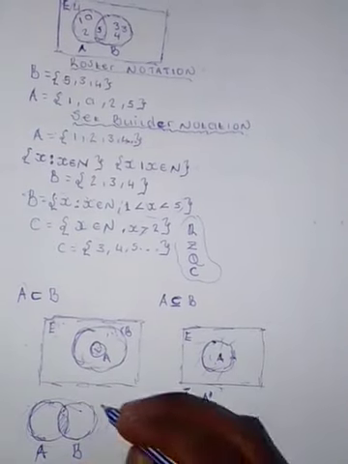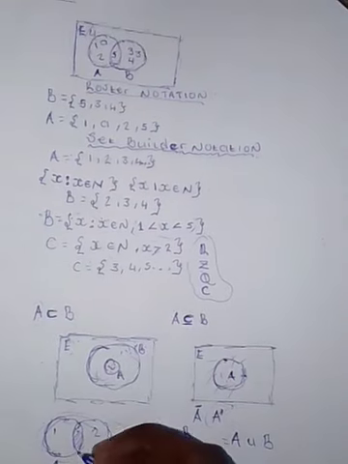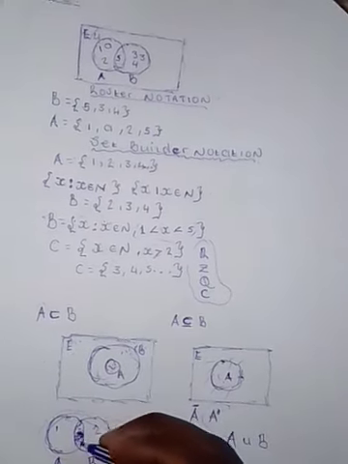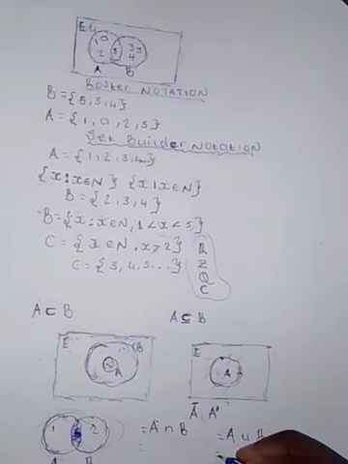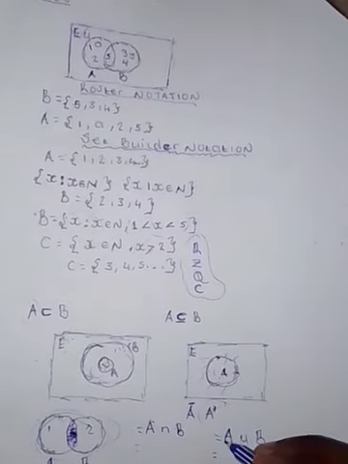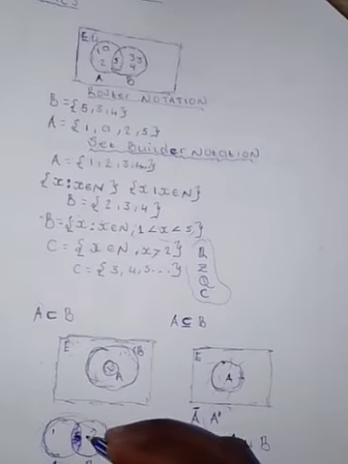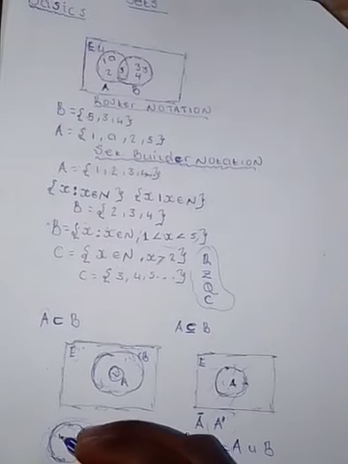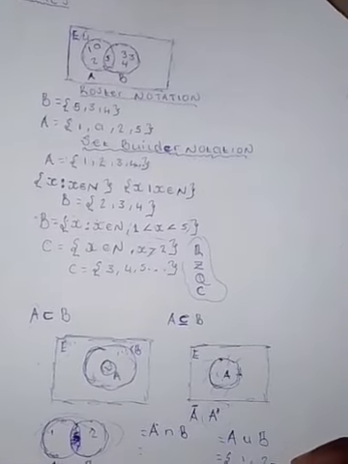Okay, so let's say we had 1, 2 in A and 3 in A, with 3 at the middle. Okay, I hope you can see it. Yeah, so if you are asked to find the union of these sets, you have to unite them, meaning you are going to combine all the elements, meaning you're going to say it has 1, 2 and 3.